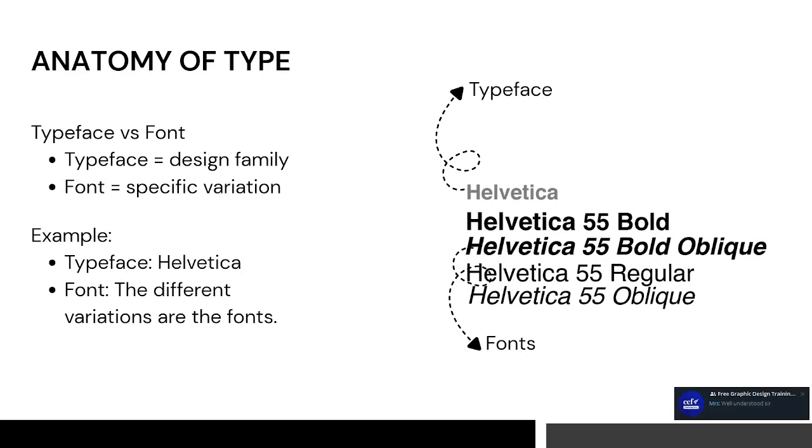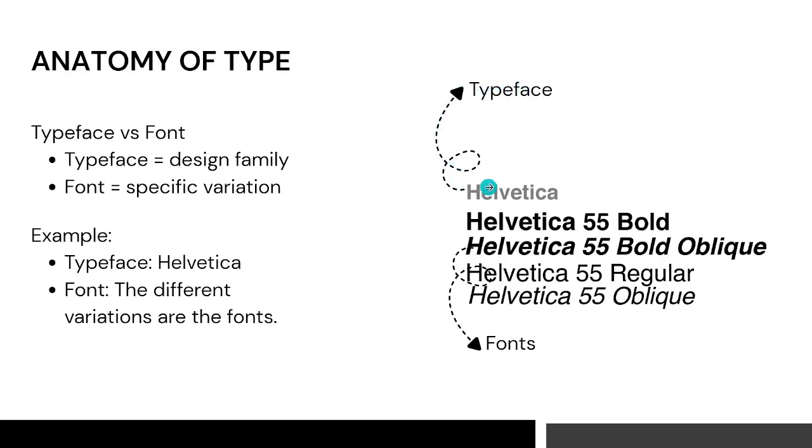Okay, let me take that again. A typeface is a font family, while a font is a member of that family. I'm using simple English to explain now. We have a typeface that is called Helvetica.